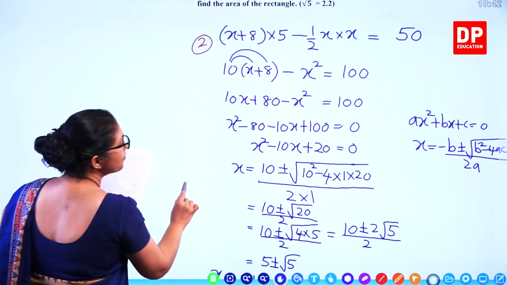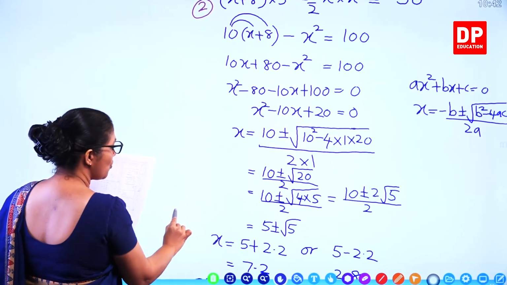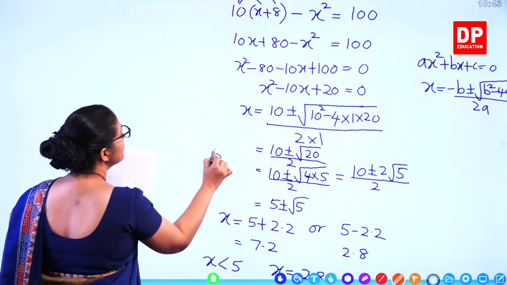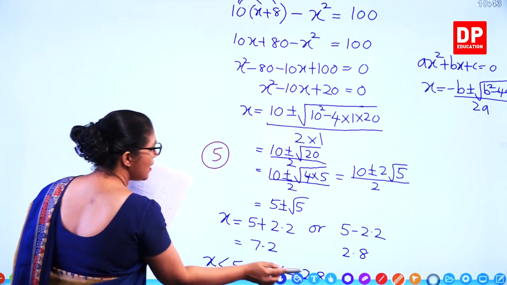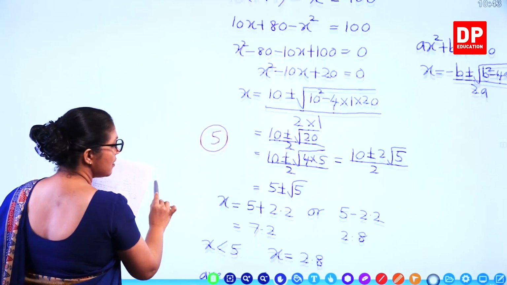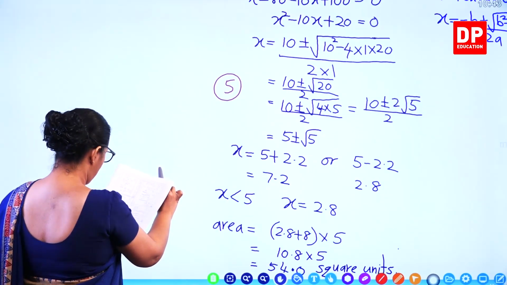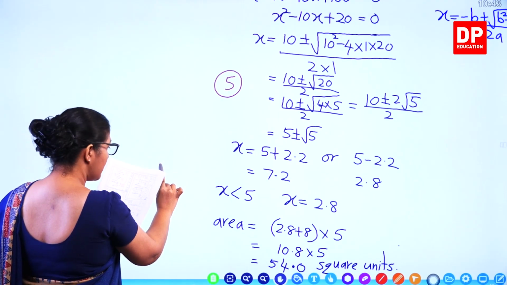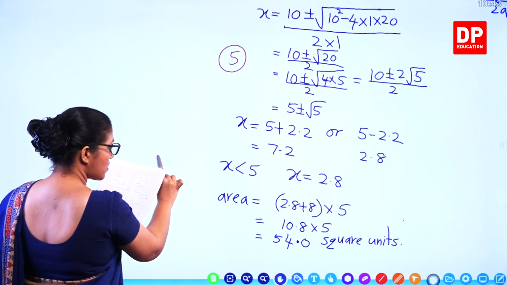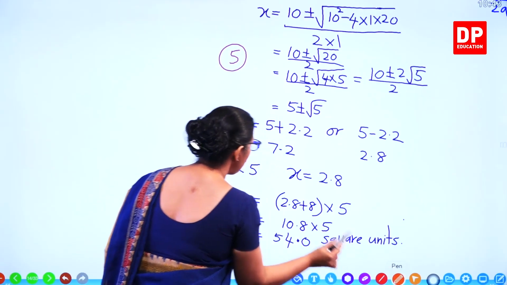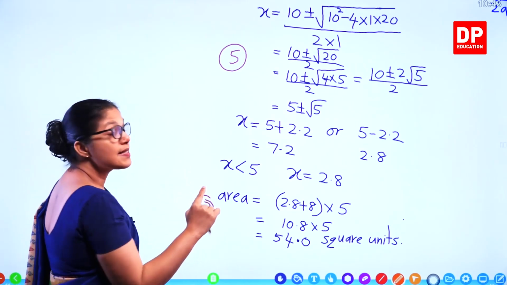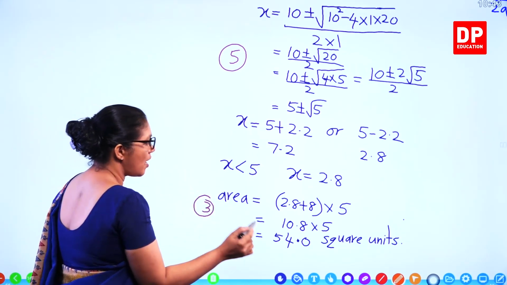Up to this point, you get 5 marks. So 7, and then finding area, you get 3 marks. So 5 plus 2, 7, 7 plus 3, 10 marks for this question.